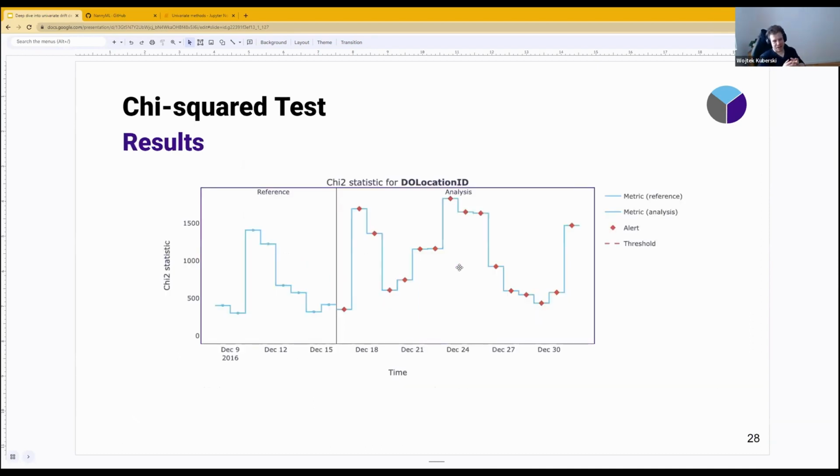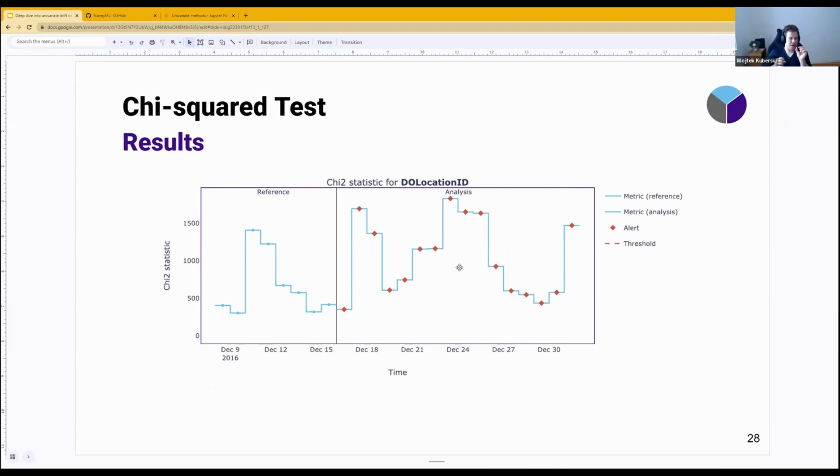And the results here, I'm just going to show you what happens if you don't go with the thresholds on the statistic, but you go with the p-values. So here we have our reference data, and of course there's no alerts displayed on reference data, but you can see that there's quite a lot of variance when it comes to our reference data.